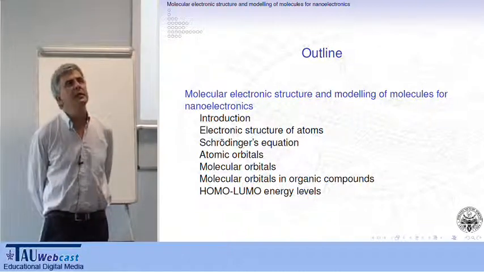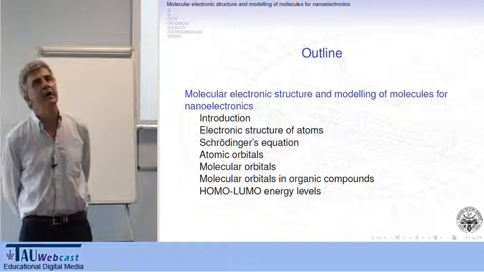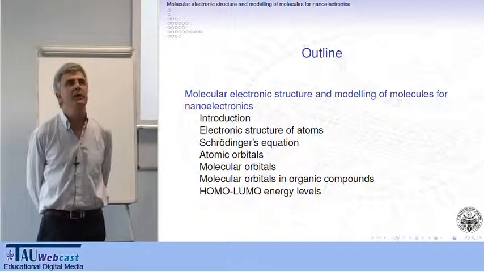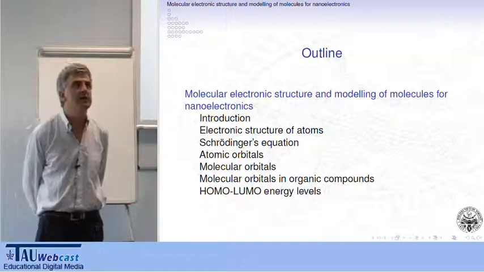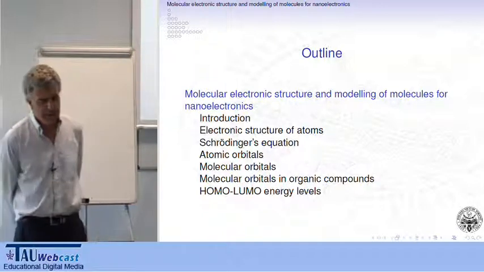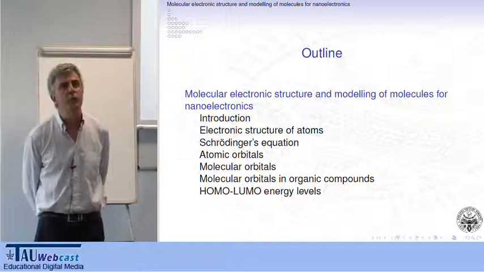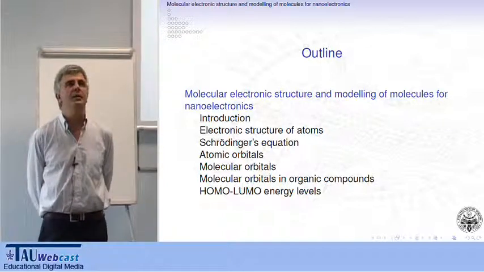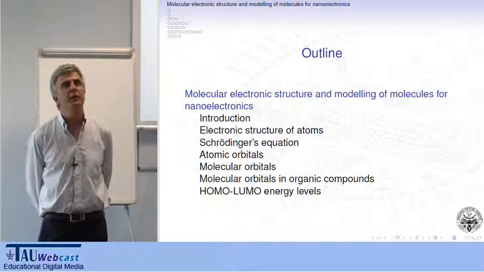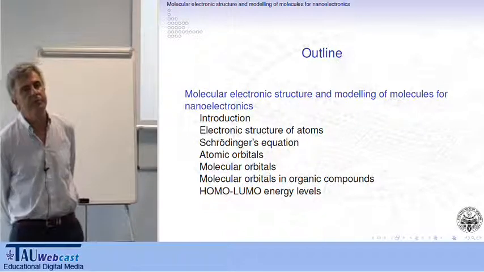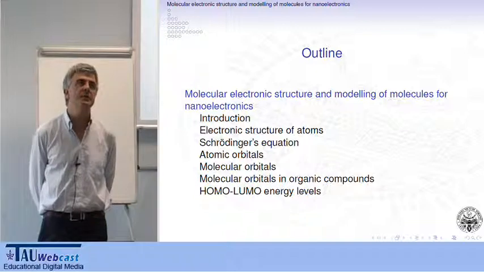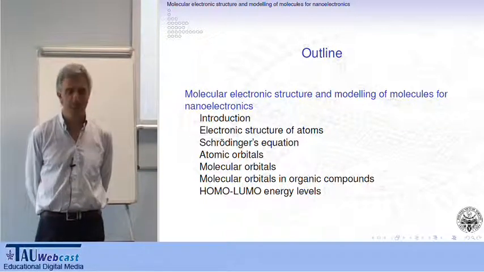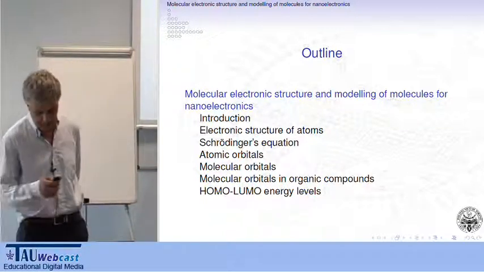After that we try to understand how we can define and derive the molecular orbitals starting from the atomic ones. And at the end we try to define a scheme for electronic applications of molecules in terms of energy levels and electron interaction with molecules.